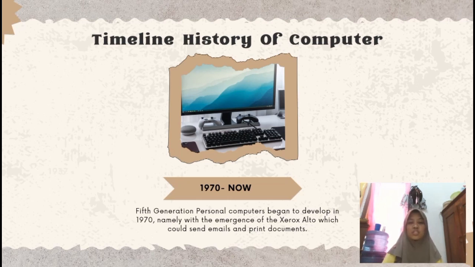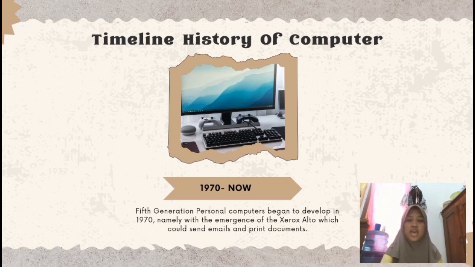Apart from that, computers in this generation also have millions of cores with very sharp resolutions. Then the development of fifth generation computer technology also made it possible to create portable computers such as laptops.